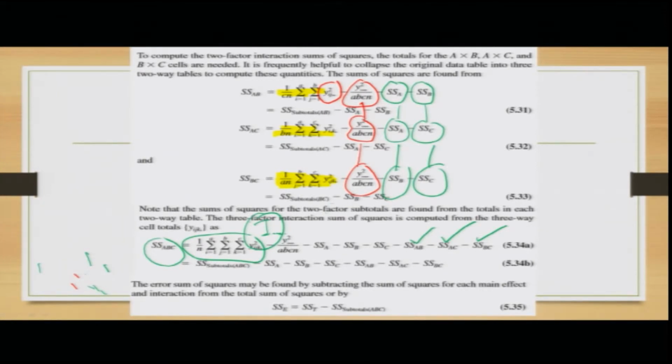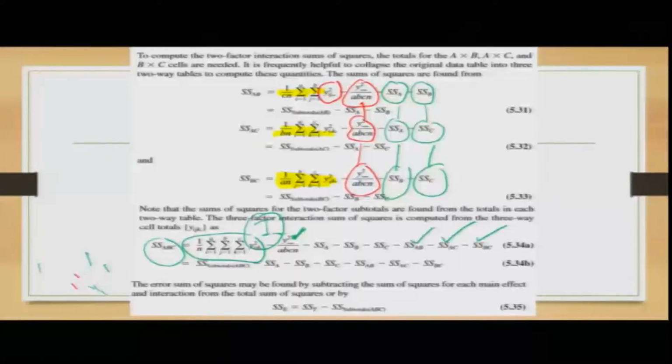Inside, where I am marking with the pointer, would be y square. Now, rather than 4 dots, there would be 5 dots: the first dot for capital A, second for capital B, third for capital C, fourth for capital D, and the last dot for n, which is observations. The division would be a into b into c into d into small n.